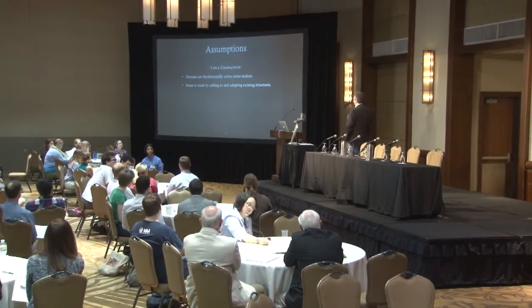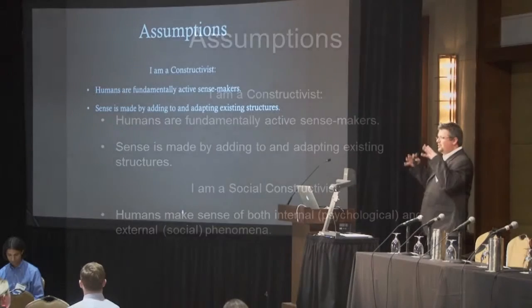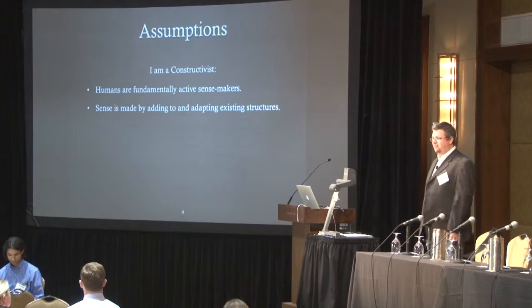So some assumptions. I am a constructivist, which means several things, but today it'll mean that I think that humans are fundamentally active sense makers, that's sort of what the human mind is about, a little bit of cognitive dissonance, that means engage and try to make sense. And also that the way sense is made is by adding on to existing structures or maybe modifying those structures.